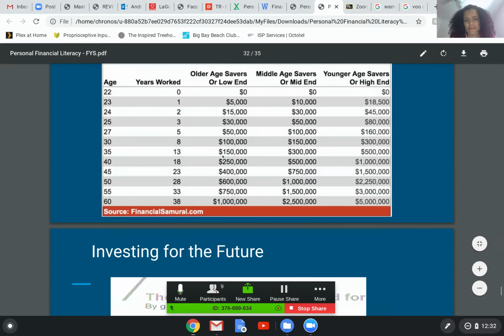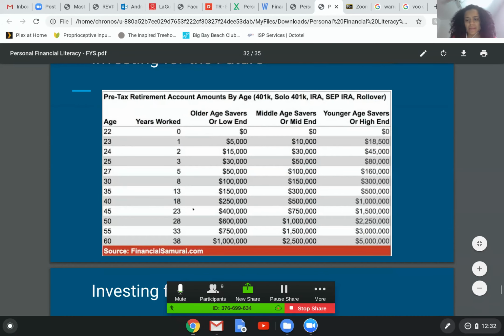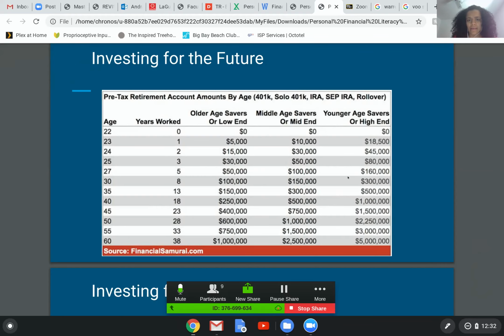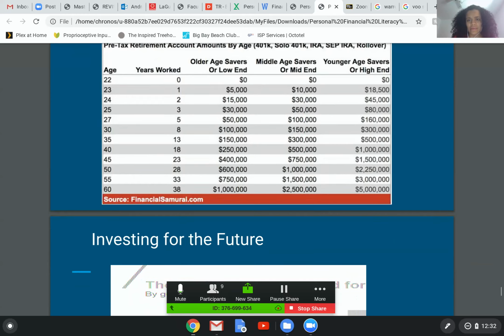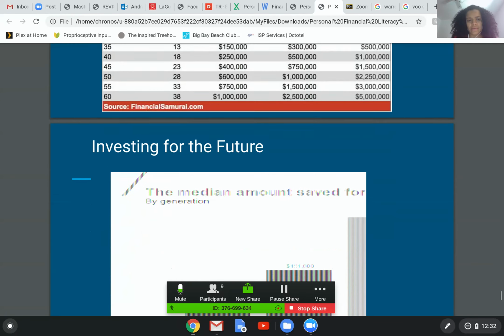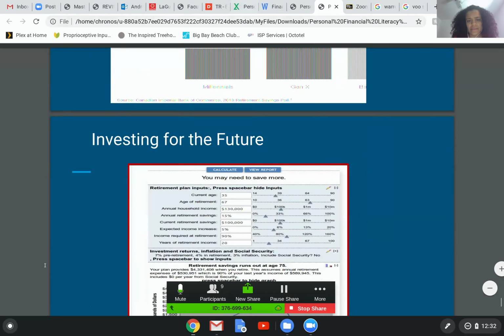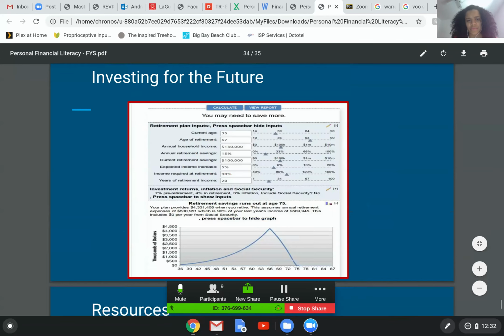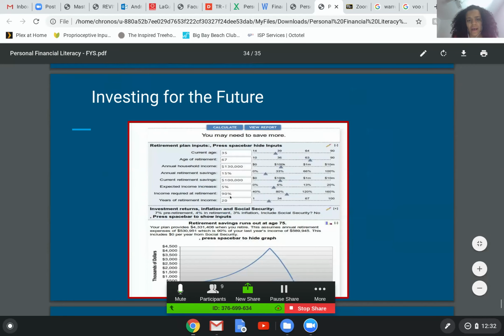And here's another table that goes through this as well, telling you for each age that you are at, if you're working, how much money you should have saved already by that point. And then this one didn't render as nice. I just wanted to show you this, and we can come back to talking about investments.